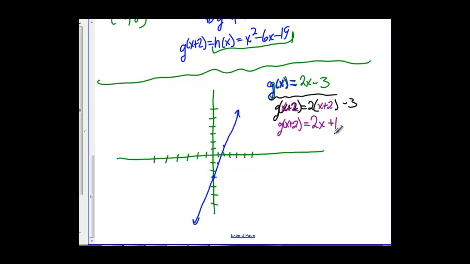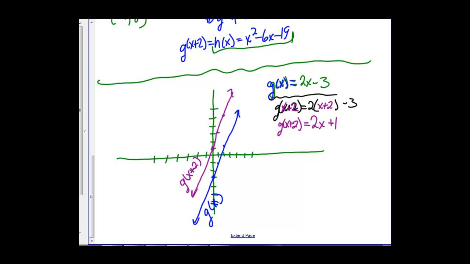Okay. So now to graph this, I have a y-intercept of 1, and I still have a slope of 2. So I'm going to go up 2 over 1, up 2 over 1. So now I've got this going. If I wanted to label it, I could call this g of x plus 2, and this one was g of x.